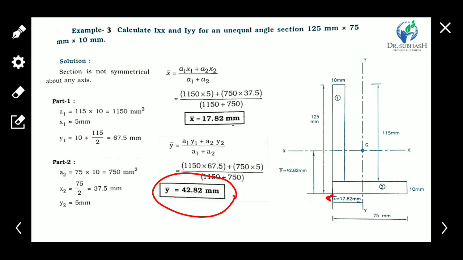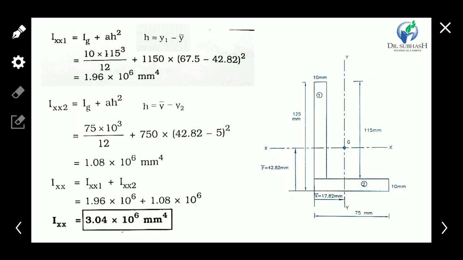It's at a distance x bar of 17.82 mm and at a vertical distance of 42.82 mm. So we can place the CG, and two axes pass through it, the xx and yy axes, and now we have the position of the xx axis and yy axis according to the dimensions of the L section.